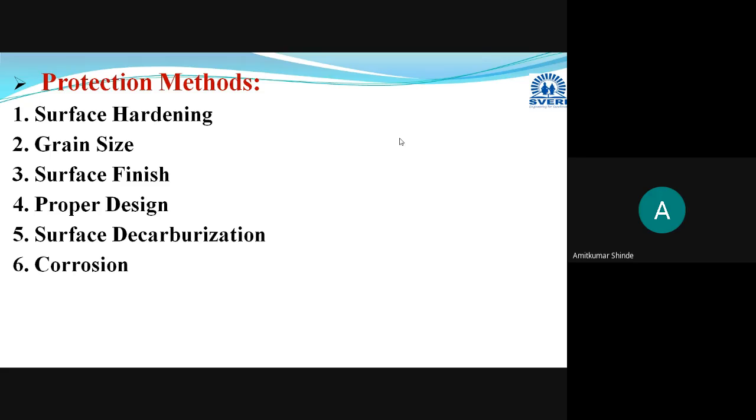These six points you can use to avoid fatigue failure of components. First, you can do surface hardening of the component. For that, you can use different methods, like carburizing followed by hardening, or nitriding, or other surface hardening processes. By performing these processes, you can increase its fatigue life.